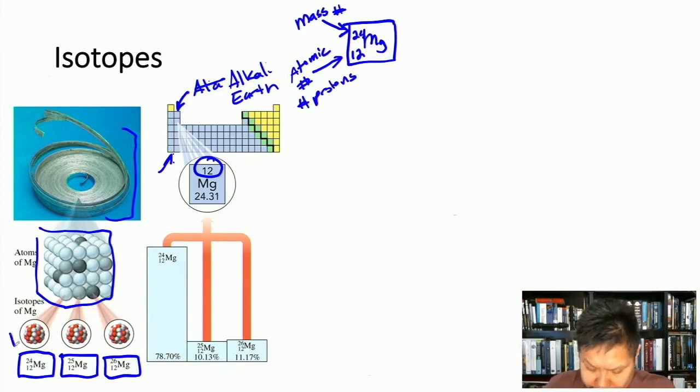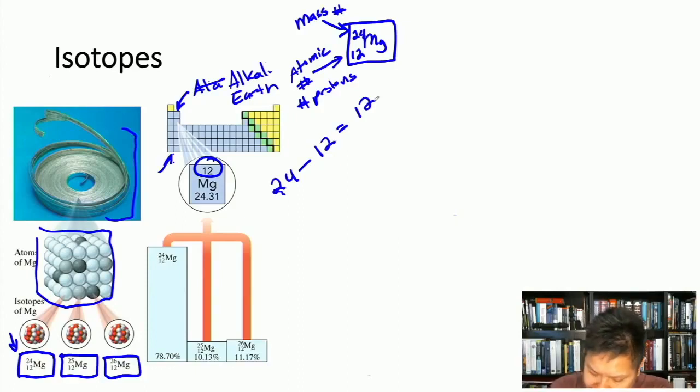So this first isotope of magnesium down here, you can see that it has 24 in the upper left-hand corner and a 12 in the bottom left-hand corner, which means that this magnesium has a mass number of 24, and it has a number of protons, or an atomic number, of 12, which means its number of electrons is also 12, right? So this particular first isotope of magnesium is actually the most common isotope of magnesium.